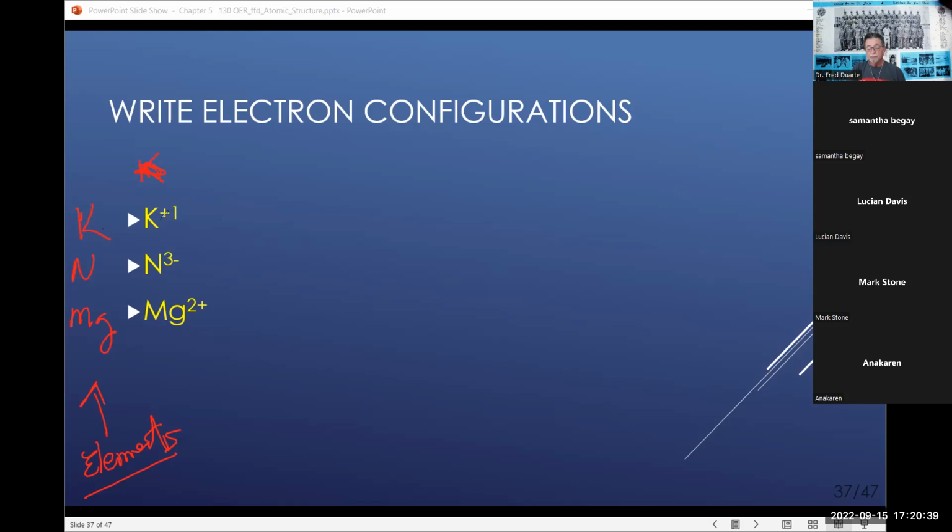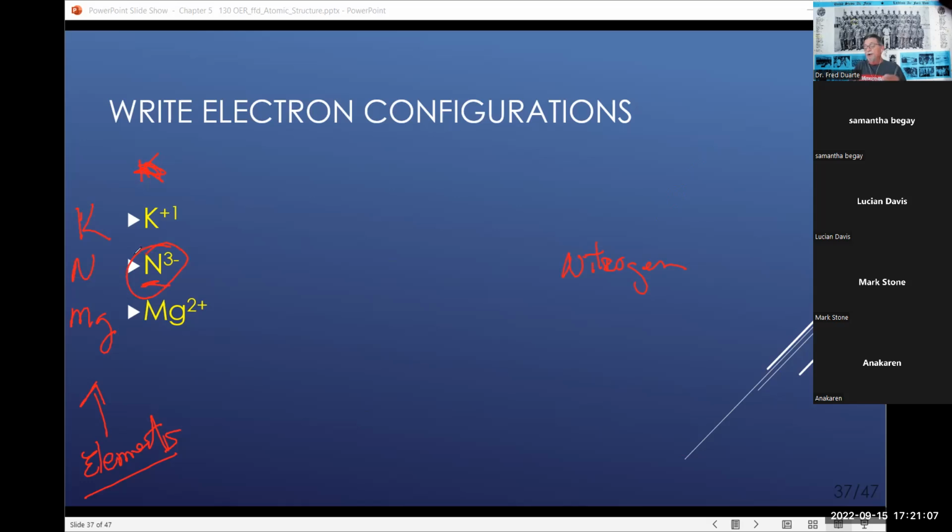The potassium ion would have 1 less electron. The nitrogen, by the way, we have nitrogen, which is the element, but once it gains 3 electrons, it's a non-metal, it will pick up 3 electrons, it's in group 5. Can anybody tell me what the name of this ion would be?